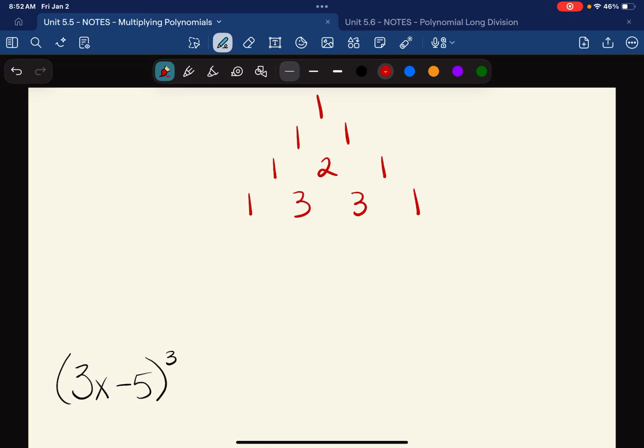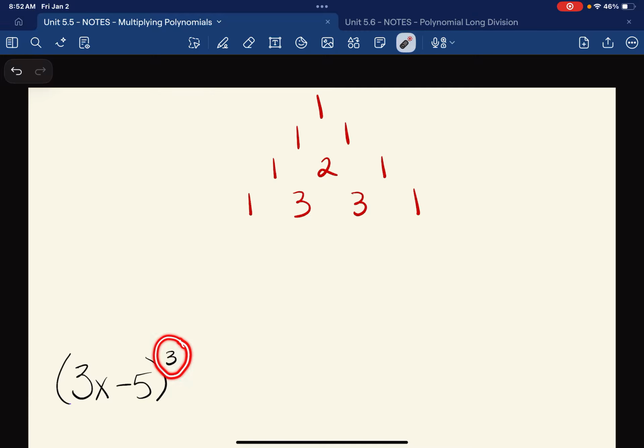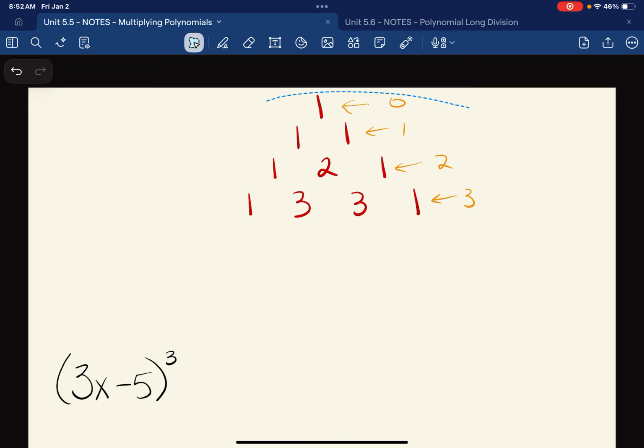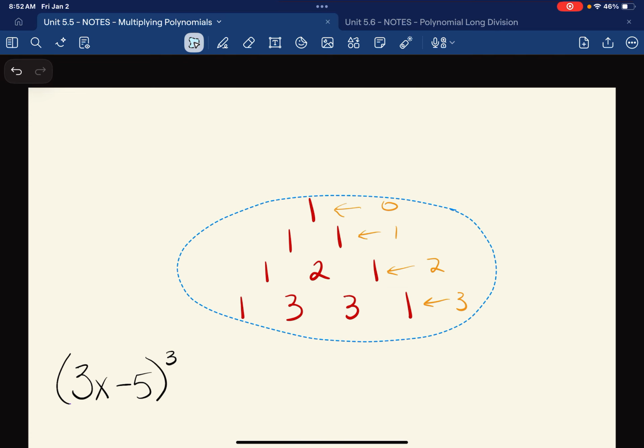Now, why did I stop here? I notice this is to the 3rd power. Remember, this is row 0, row 1, row 2, row 3. So I don't have to go any further. I don't need any more rows in Pascal's triangle. I've got as many as I need right here.